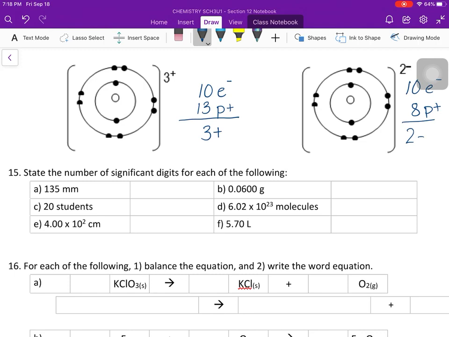So if I think about a measuring device, if I have a ruler, most of the rulers that we have, so if I have it in centimeters, it will show millimeters. So it'll kind of show the halfway point. And so 1, 2, 3, 4, 5, 6, 7, 8, 9, 10.